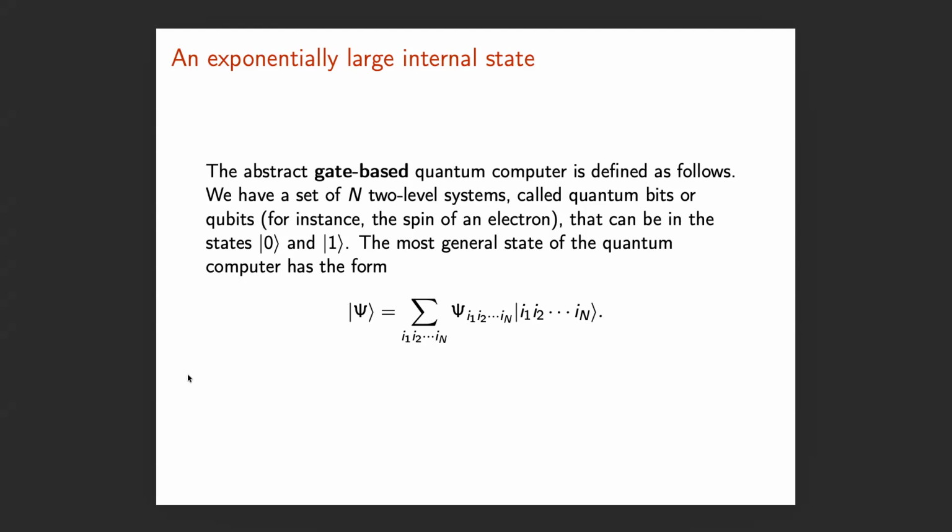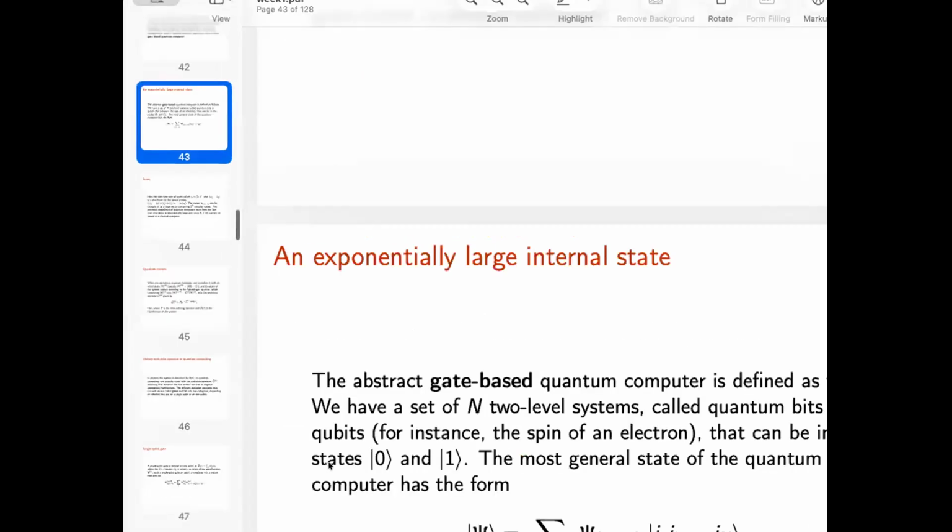You have a set of n two-level systems, which are normally called quantum bits or qubits. Typically, and I'm going to switch to the whiteboard just to give you a feeling of what that is. So let me put up the whiteboard.